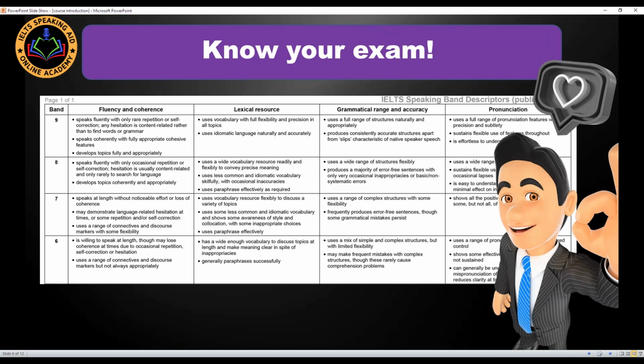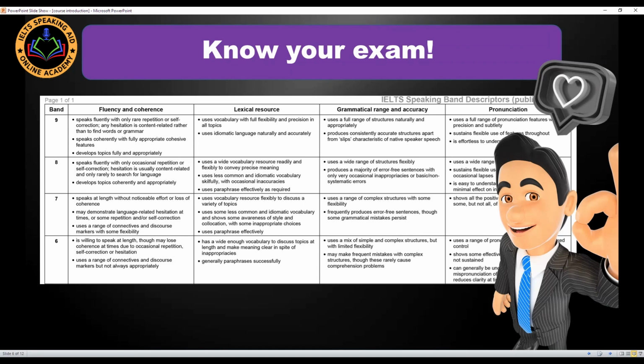Now, assuming your required band score is band score 7, okay, that's your requirement for your real exam. But if you are referring to the requirements of band score 7, and you make any tiny mistake in your exam, then you may fall to band score 6.5 or maybe 6. You cannot get your required band score.